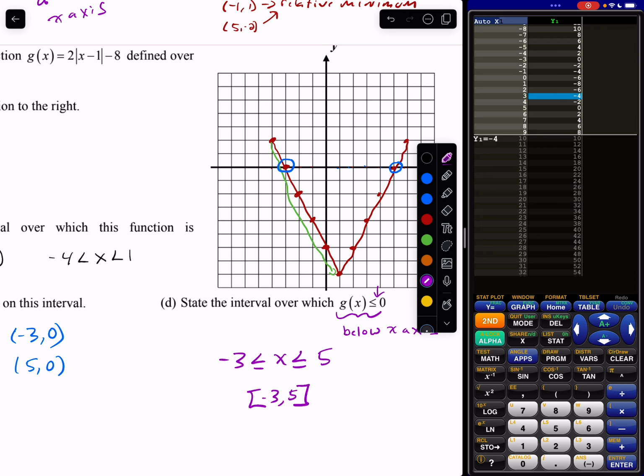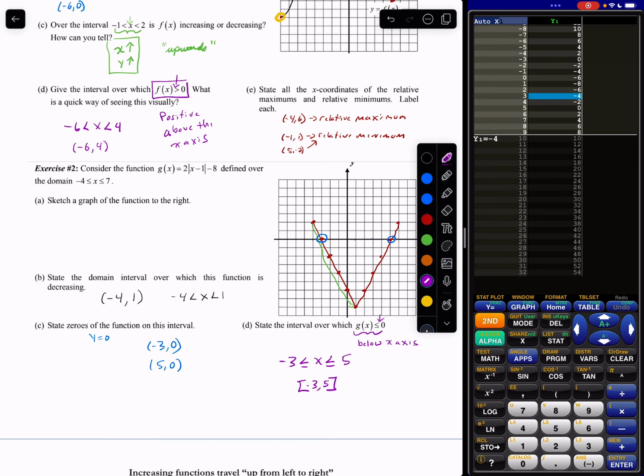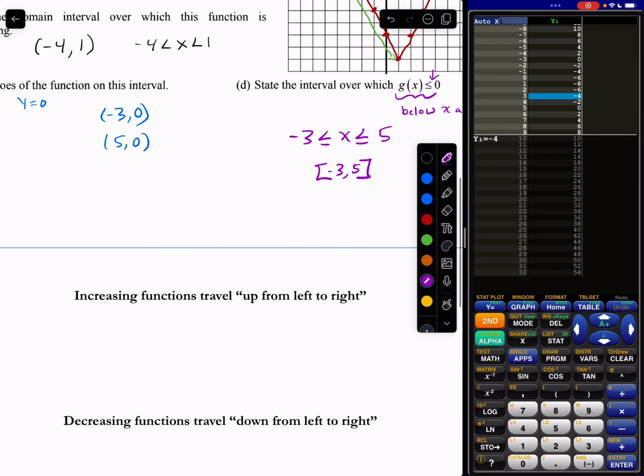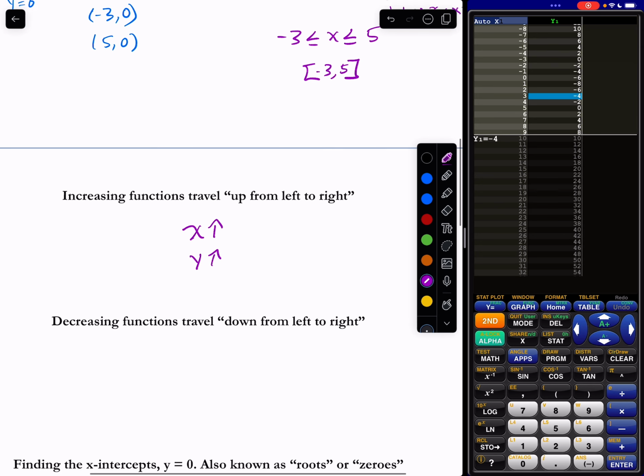All right, so you can see that there's a couple of things that we really want to make sure that we kind of have down here. Increasing functions travel up from left to right, or as x increases, y also increases. And then decreasing functions travel down from left to right. So that means as x is getting larger, y is getting smaller.